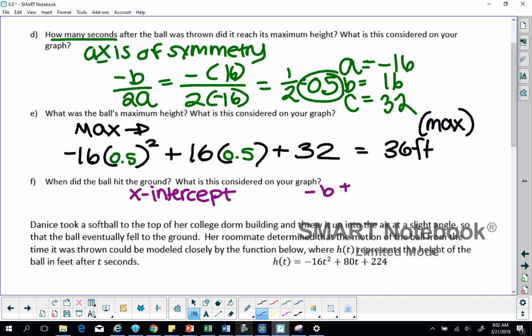So negative b. And remember, it's going to be positive because I can't throw a ball in like negative 10 seconds.